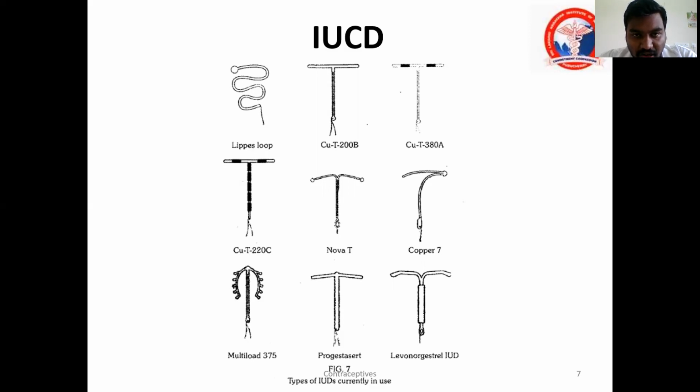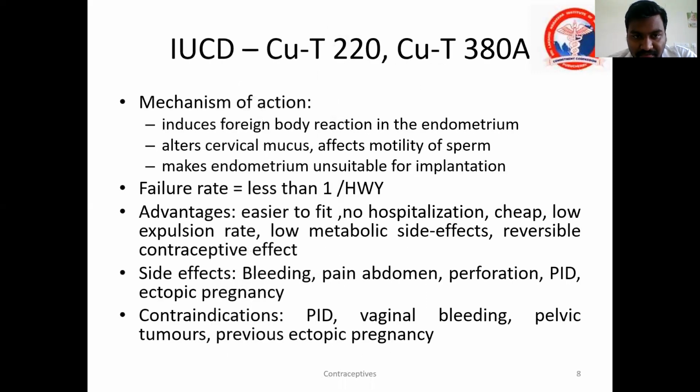Under the hormonal method, in the figure, the last 2 are progesterone and levonorgestrel IUD, the other name of which is Mirena. These are hormonal methods, that is, medicated with hormones. These are the 3 generations. Under this, Copper T 375 and 380 are available in the public health sector.